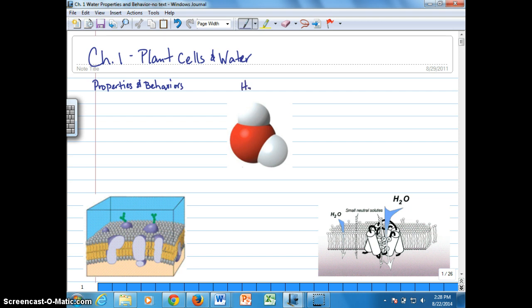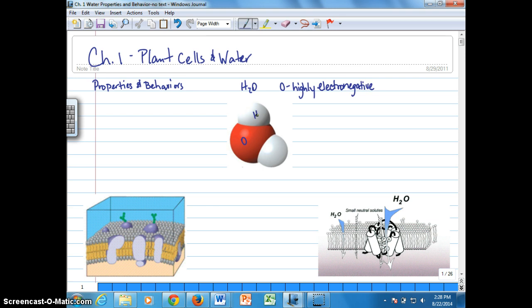Most of you know how to write out the formula for water, and what we're interested in here is the structural model, the oxygen atom. Oxygen tends to be highly electronegative, which means that it pulls the negative charge from a covalent bond towards it.